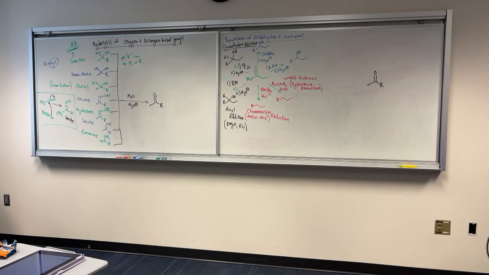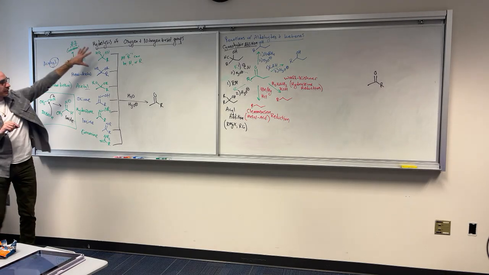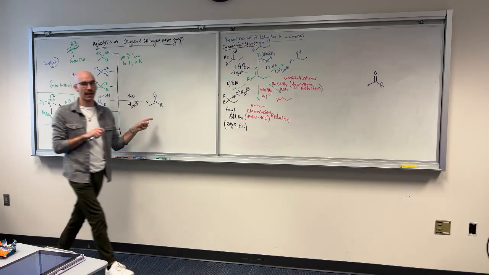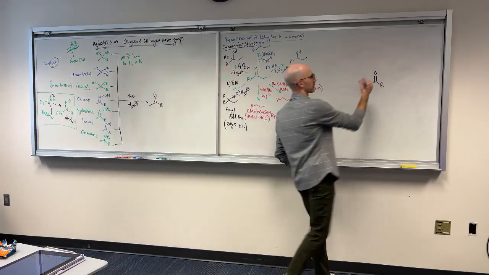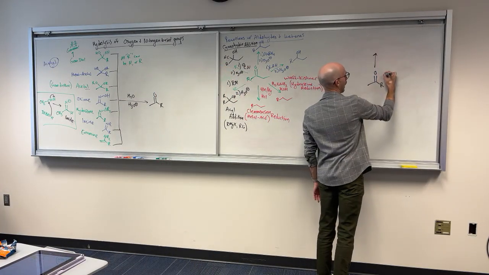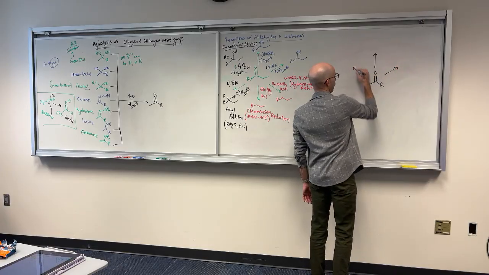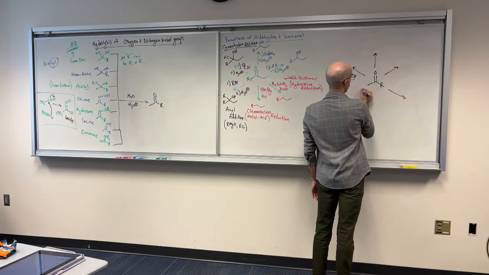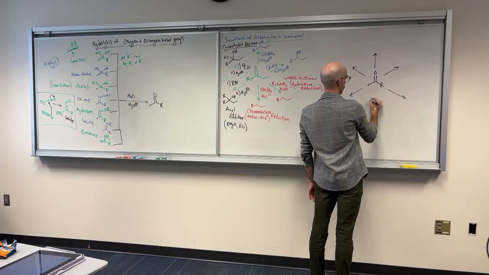Our hydrolysis. So we're going to flip this on its head. We said that all of these different functional groups can be hydrolyzed to an aldehyde or ketone. And now we're going to say how an aldehyde or ketone can react to form all of these different things.